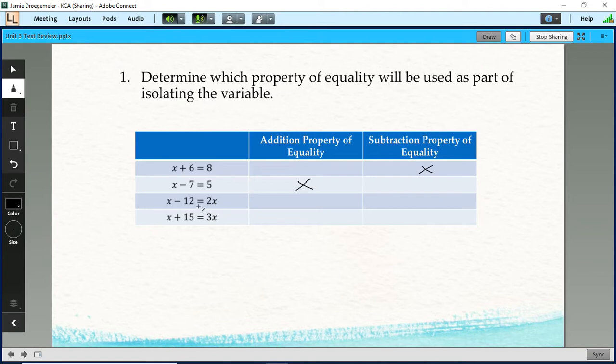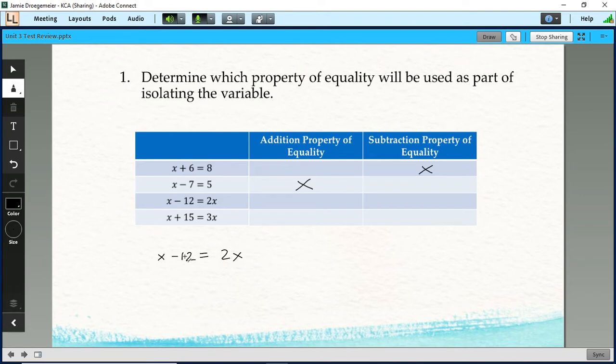Now this one's a little bit trickier. I have x minus 12 equals 2x. There are a couple of ways that I could think of this. x is on one side, to isolate that variable, I would need to get the constant on the other side.